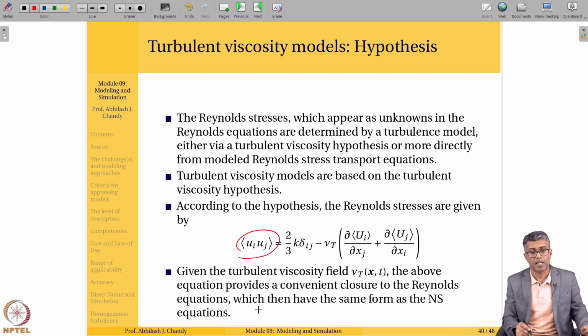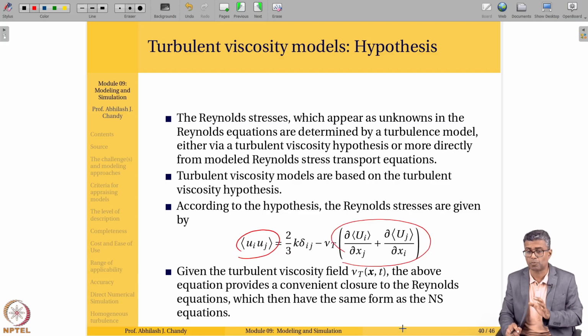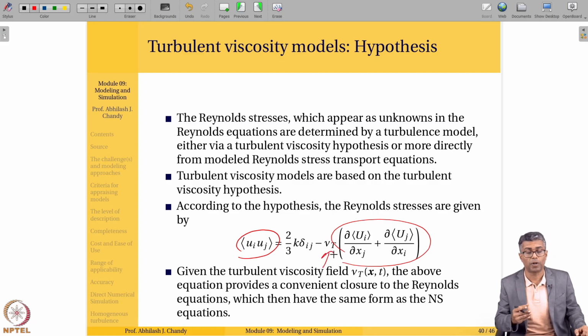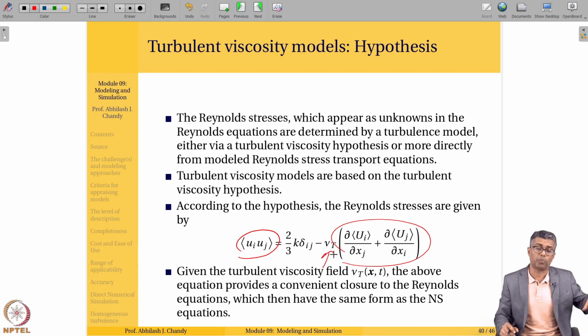The Reynolds stress is given by 2/3 k delta_ij, delta_ij being the Kronecker delta, minus nu_T times the mean strain rate. We have discussed this multiple times. So here what we are saying is that if you can estimate the Reynolds stress as a function of the mean strain rate, then you can achieve closure. You still have the matter of specifying what the turbulent viscosity is. That is where the turbulence model comes in. The specification of the turbulent viscosity comes in through the turbulence model.